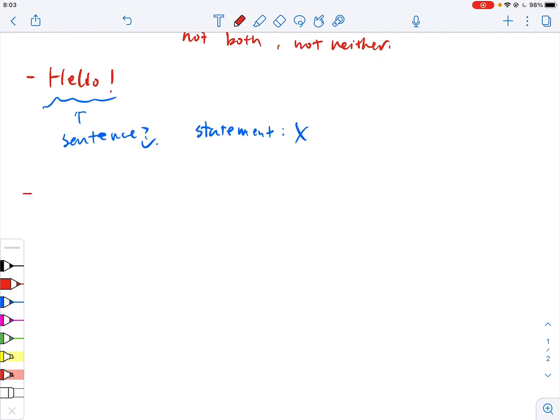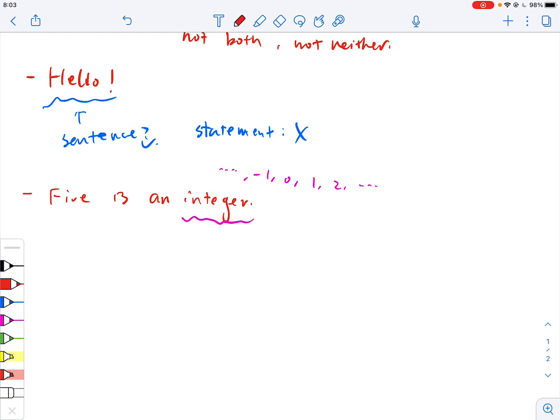Let's see another example. 5 is an integer. An integer is a number of the form -1, 0, 1, 2, and so on and so forth on both sides, which is basically a number without any decimal points, roughly speaking.